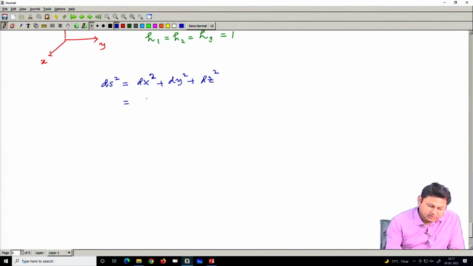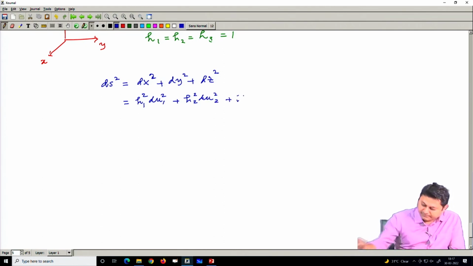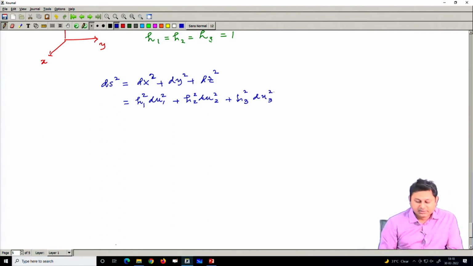In general, what is this value? This is h1 square du1 square plus h2 square du2 square plus h3 square du3 square.